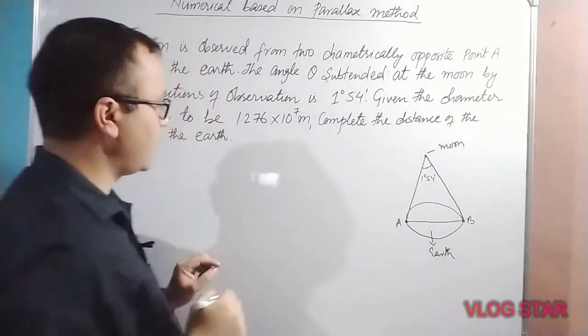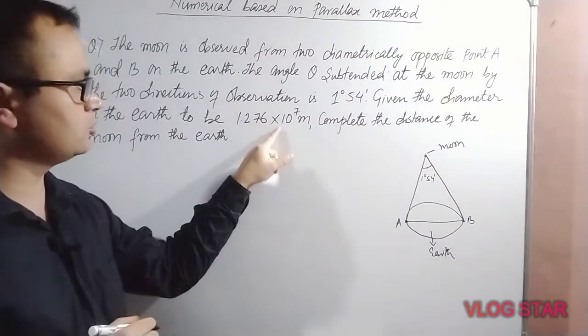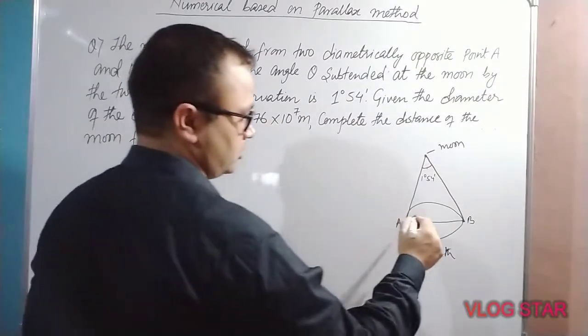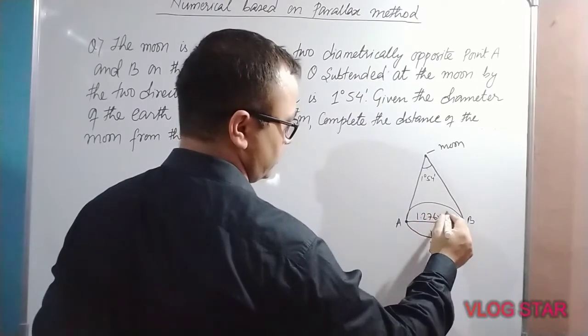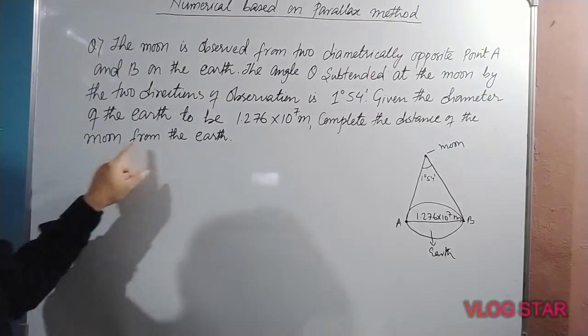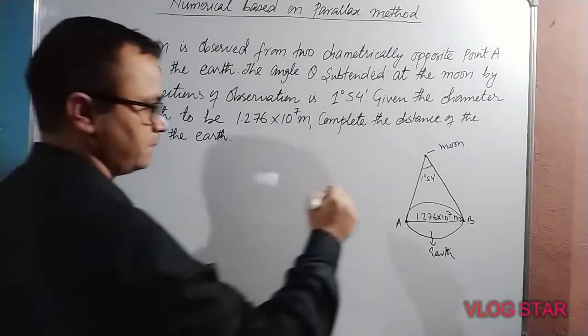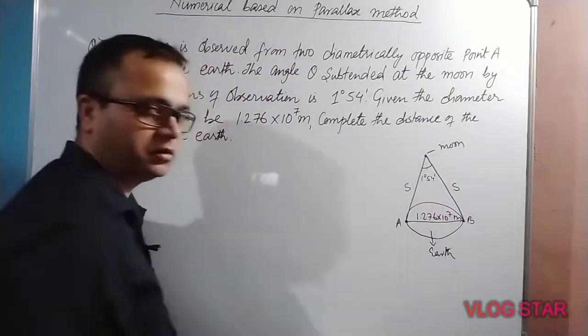Given that the diameter of the Earth is 1.276 into 10 to the power 7 meter. Now compute the distance of the moon from the Earth. So we need to calculate the distance of the moon from the Earth.